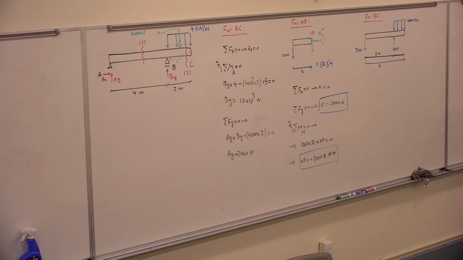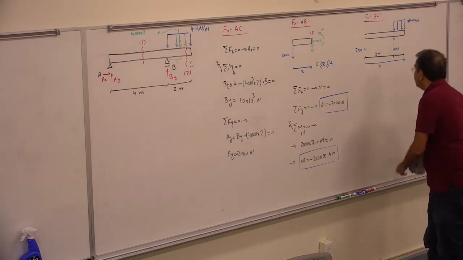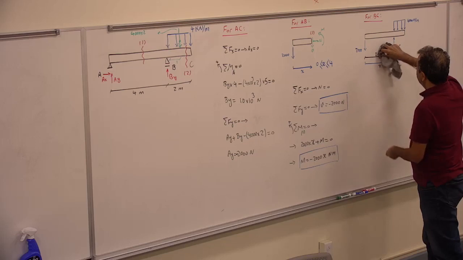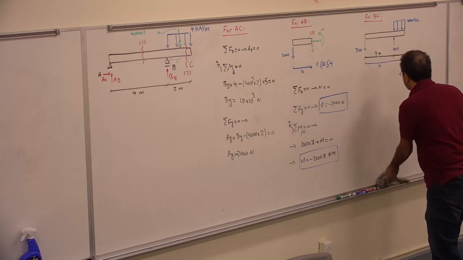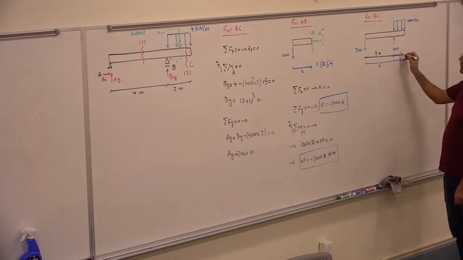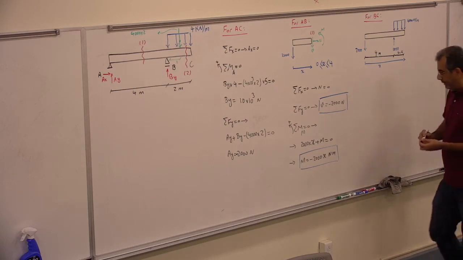Should be X. Yeah, I feel like that part is 4. Or is it X minus 4? Yeah, that's what was tricky. So this distance is going to be x minus 4.